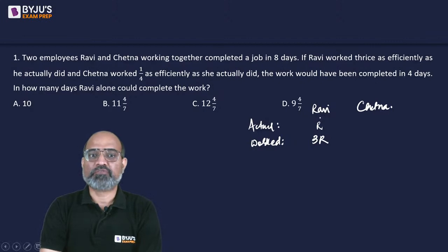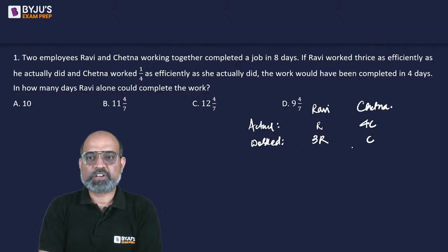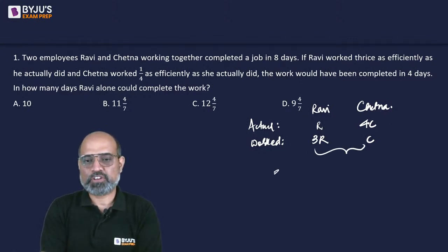And Chetna worked 1/4 as efficiently as she did. So suppose Chetna's efficiency is 4C, she worked at an efficiency of C. The work would have been completed in 4 days. So 3R plus C, the work will get completed in 4 days, right?